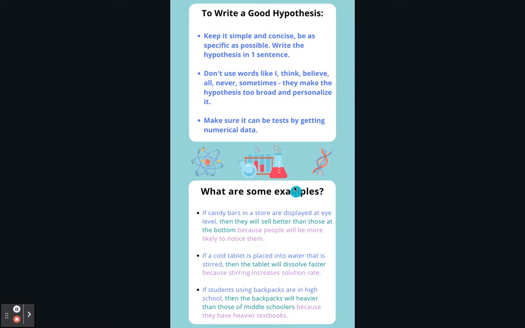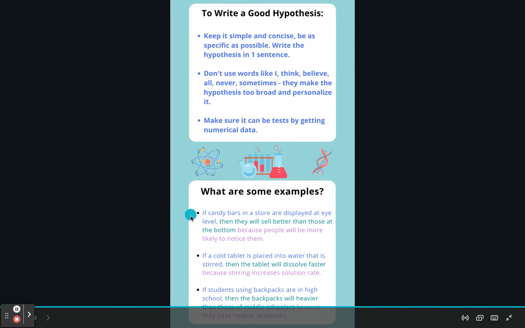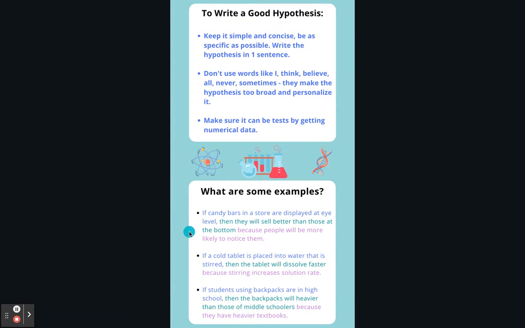So as I move down here, we're going to look at some examples. Again, I've broken it down into the different colors. Independent is blue, dependent variable is green, and the researched reasoning is in purple. Now, these hypotheses are a little silly, but it will get the point across. So let's start with the first one.